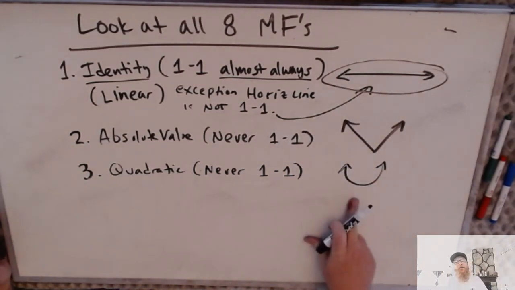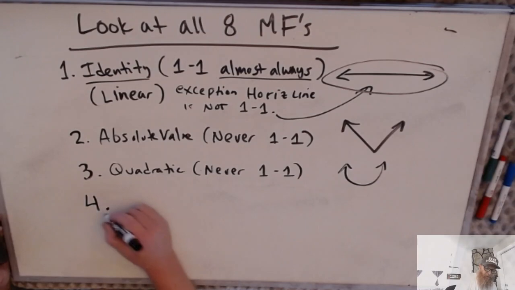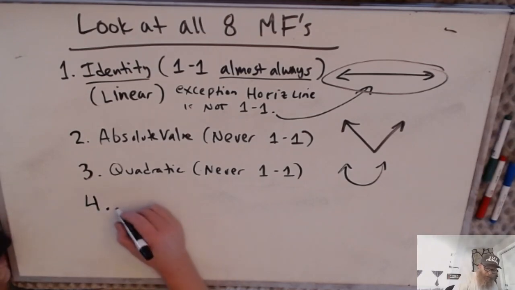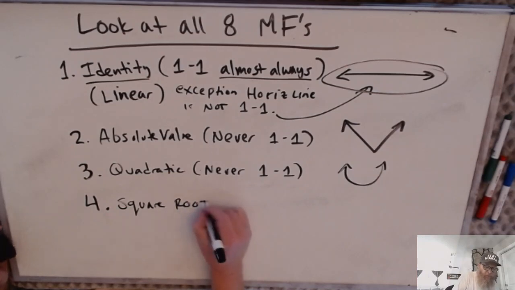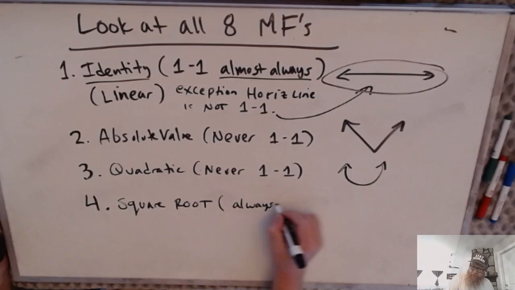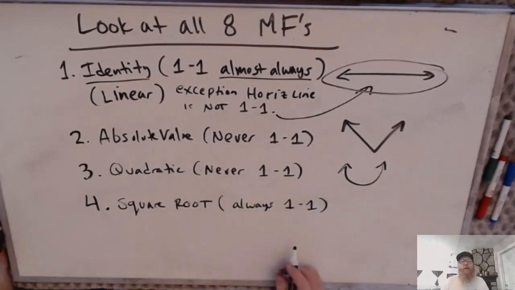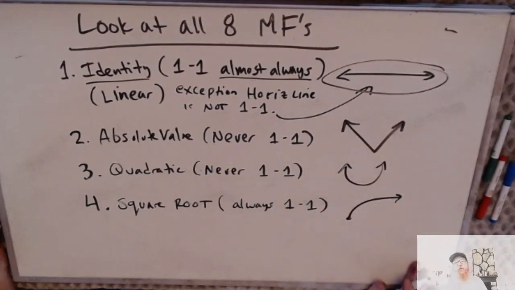It looks like a U shape. It's never one-to-one. The square root. Always one-to-one. Square root function's always one-to-one. Never have to worry about that.